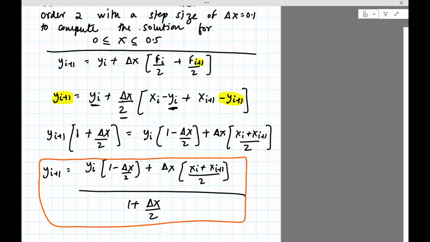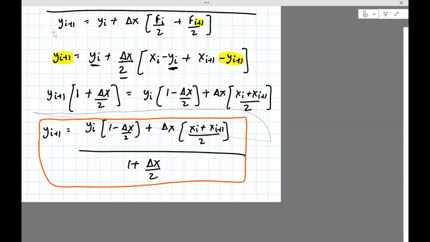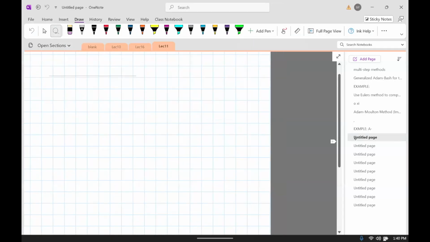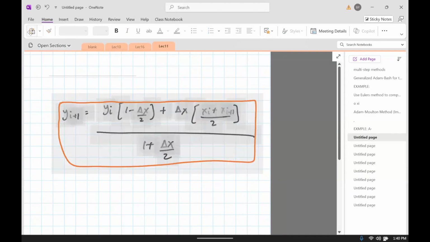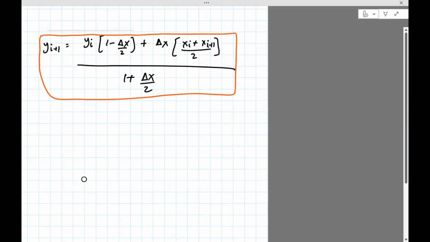What I'll do is put i equals 0, so I can get the solution for y1. Let's write down a formula for y1.